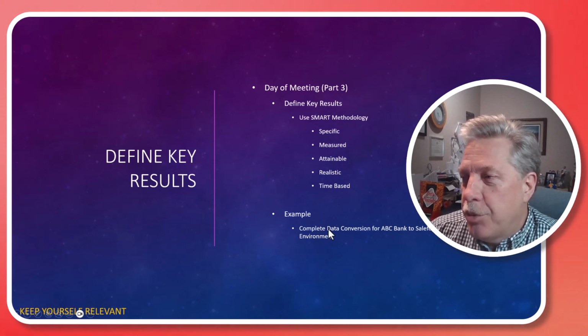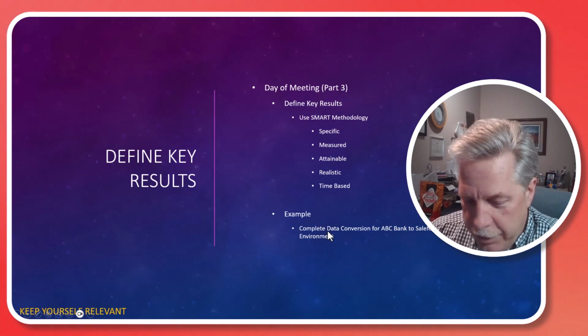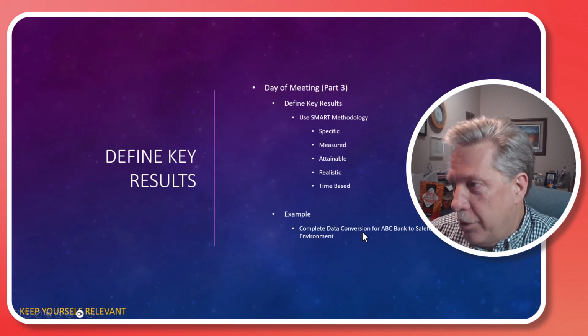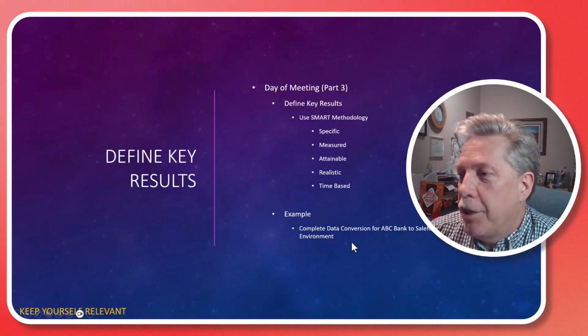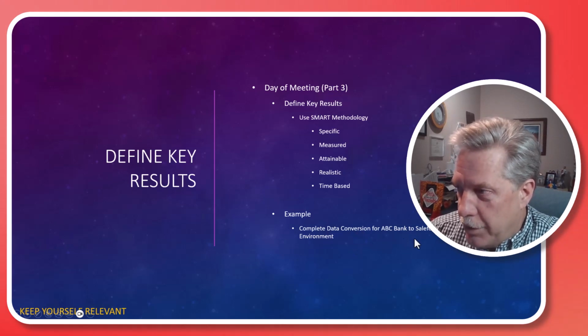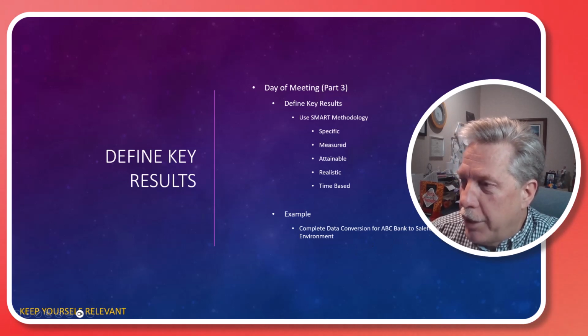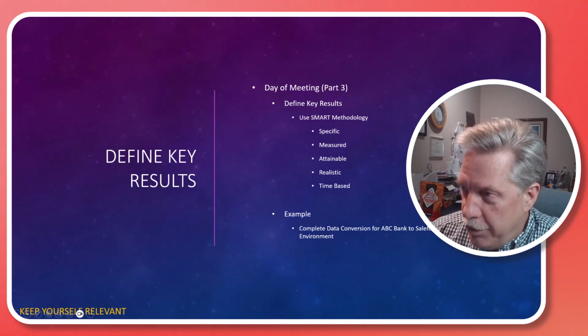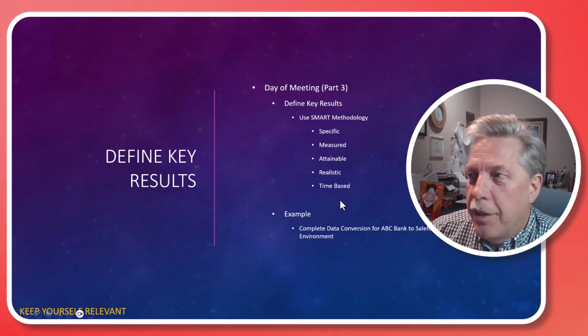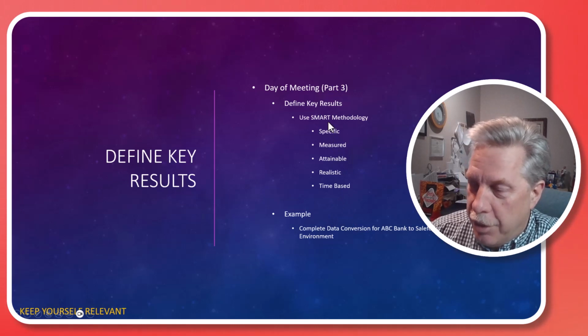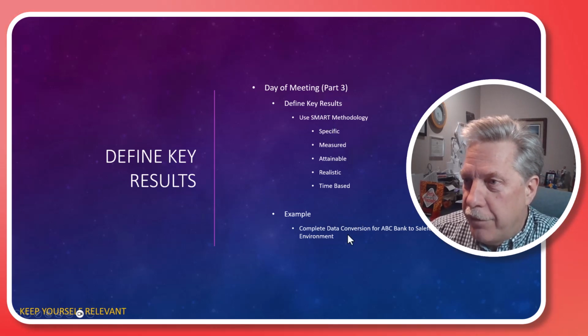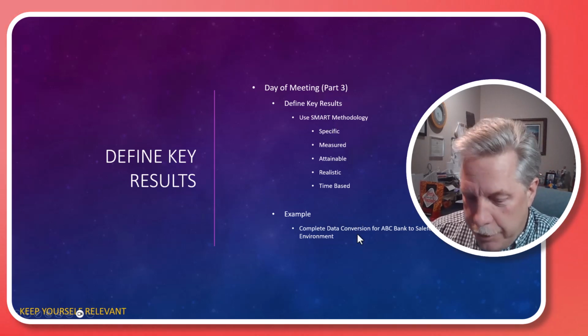In our case, we said we would complete the data conversion for ABC Bank to Salesforce by Q1 in the QA environment. So it's time based because it's by the end of March. It's in a specific environment, in this case QA, and we used our metrics to help us define the completion criteria.